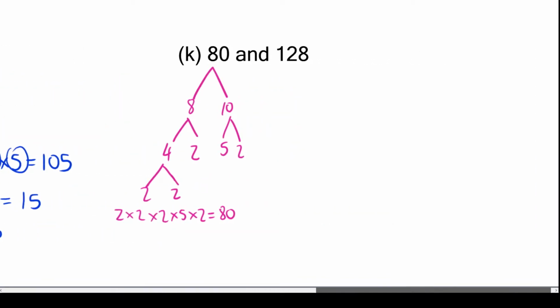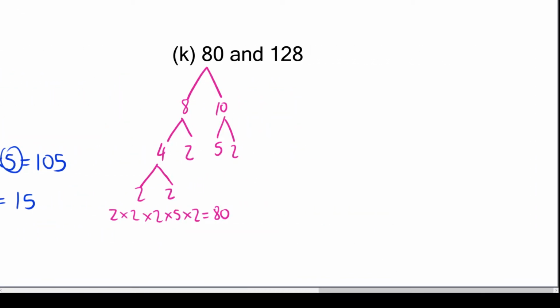Okay, and for 128, let's divide it by 2. On your calculator, you can type in straight away 128 divided by 2 gives you 64. So 64 and 2. And then 32 and 2. And then 16 and 2.